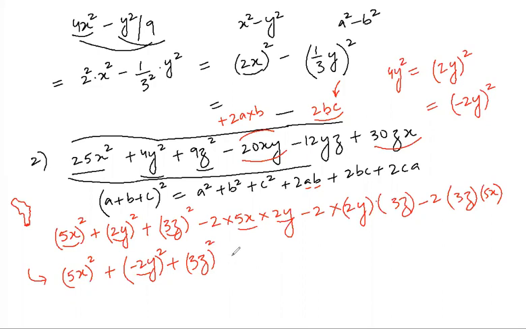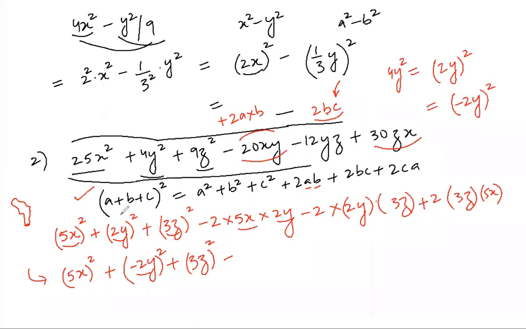Now, written like this, I've made one mistake here. Here I should have written plus. I'm sorry. Now, students, you can exactly write this in the form of this formula. A plus B, your B is minus 2y, C is equal to, sorry, not equal to.